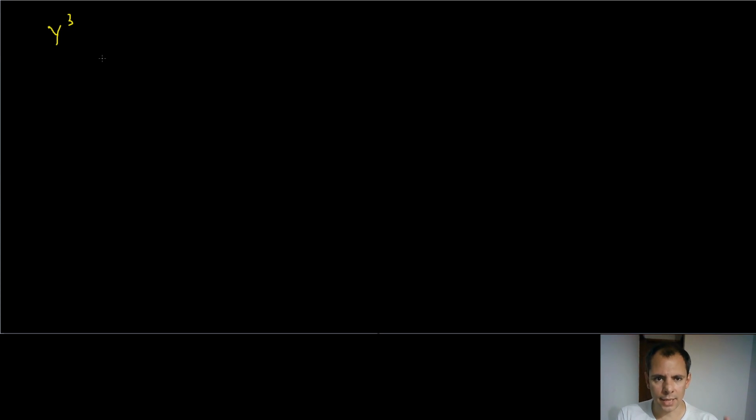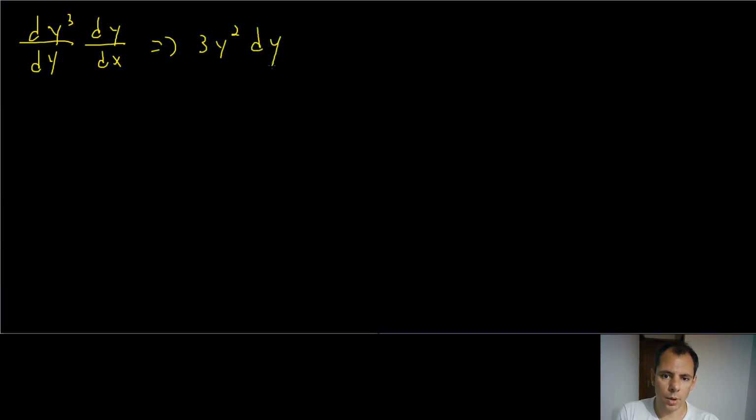The exercise has to tell you, you don't have to guess, that y is a function of x, and you want to differentiate with respect to x. So what do you do? It's the chain rule. This is going to be equal to 3y squared dy/dx, and you're done.